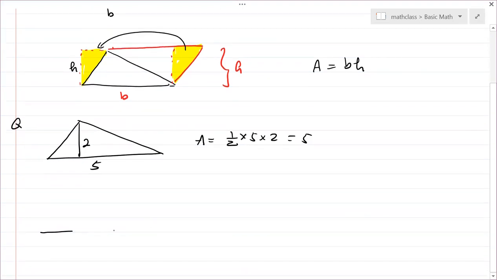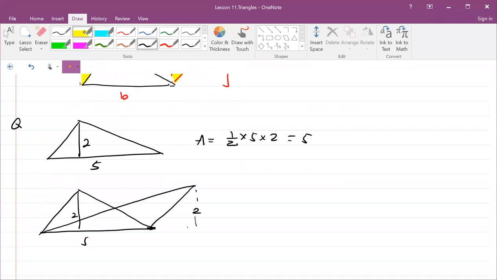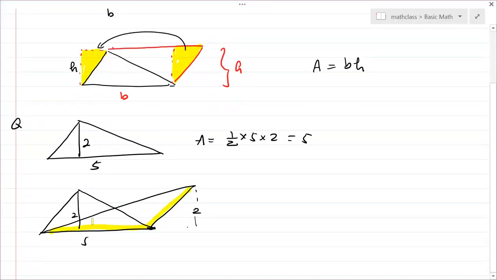Suppose I draw a triangle, right? And this is a 2, this is a 5. Then I draw another triangle, looks like that. It's also going to be 2. My question is, do they have the same area? This triangle looks much larger, right?